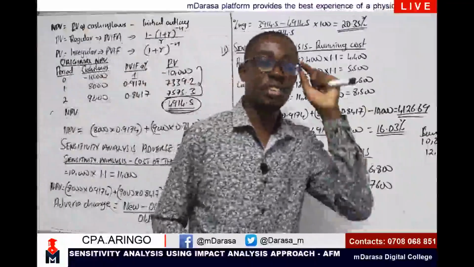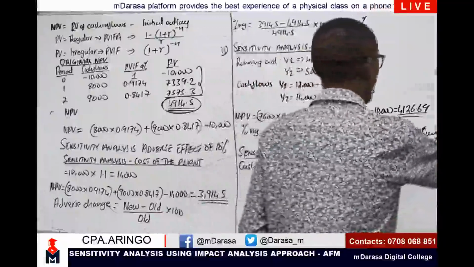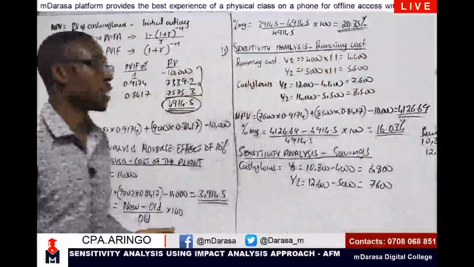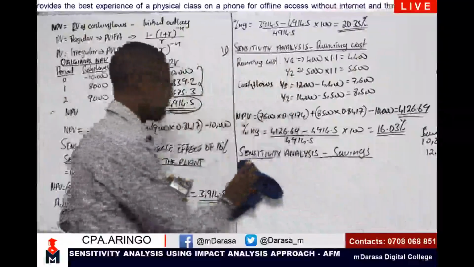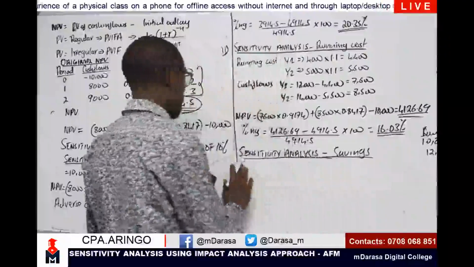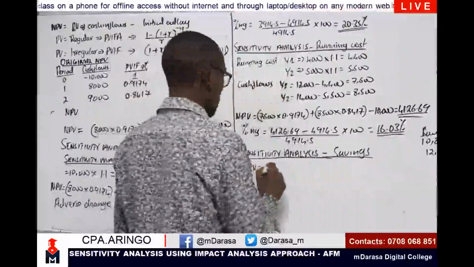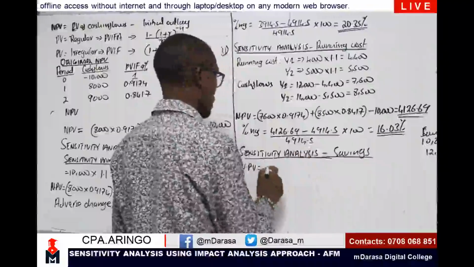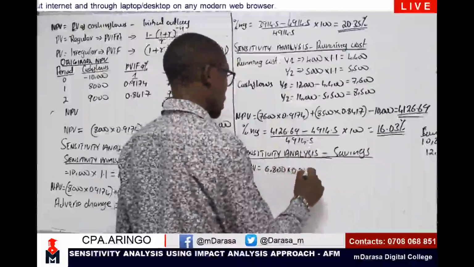So once we have determined our cash flows, which in this case are 6,800 and 7,600, I know now to determine our NPV will be very, very easy, right? So what would be our NPV now, my good students? Our NPV, basically, 6,800 by 0.9174.